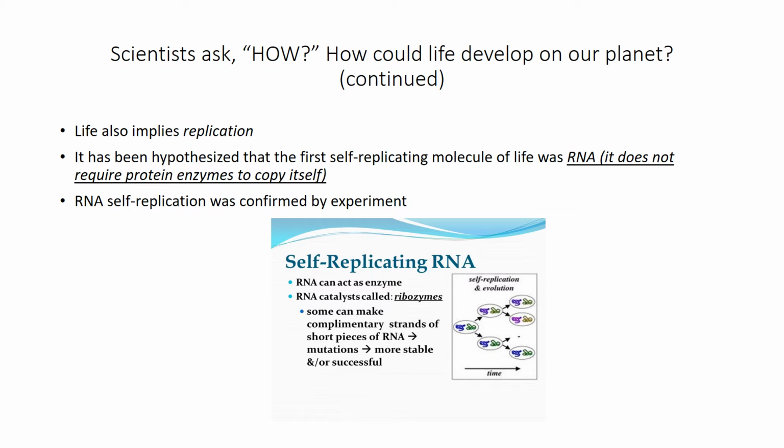So the essence of life is life should beget life, right? Life should copy itself and reproduce. So what hypotheses exist about the first replicating structures during the forming of life?